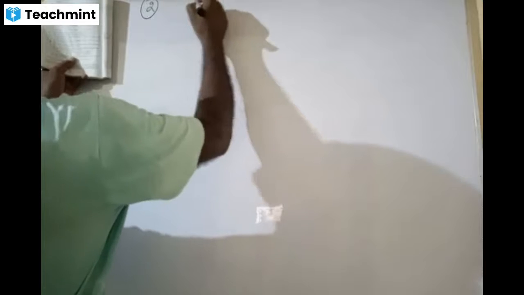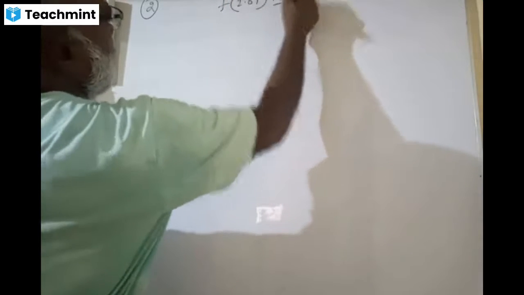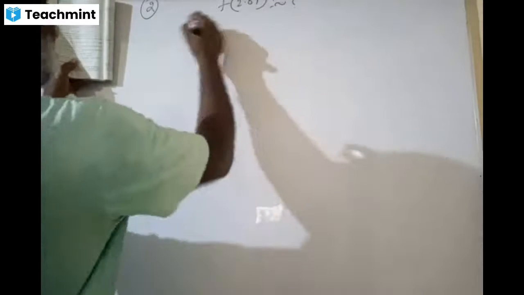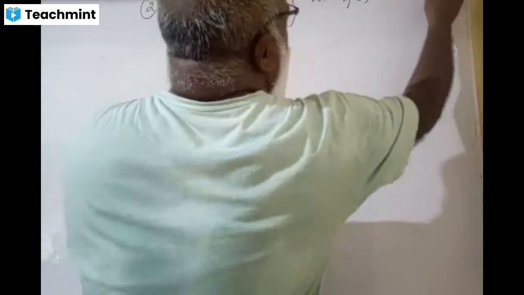Find the approximate value of f of 2.01, where f of x is given as 4x squared plus 5x plus 2.